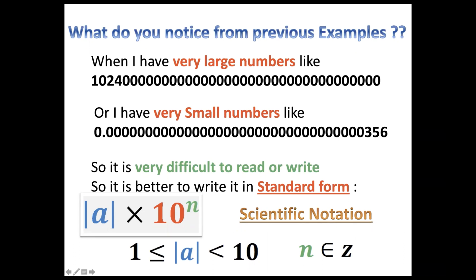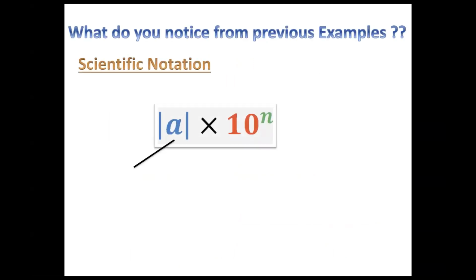And you have to know that n belongs to Z. Z means the integer numbers, and it has the negative numbers, 0, and positive numbers also. Now, you have to remember that A may be a negative number, such as negative 2.86 times 10 to the power of 23.